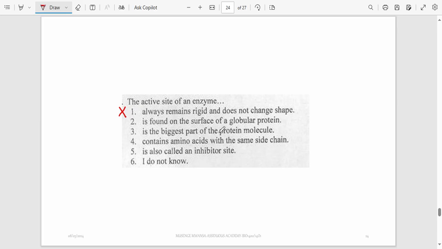Is that correct? Friends, we said it's like this. Look at this. You can see that it's on the surface, this is a globular protein. Okay, let me leave out that option. Is the biggest part of the protein molecule. Is that correct?